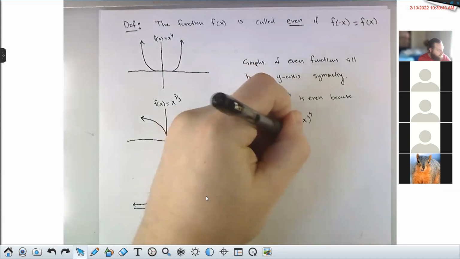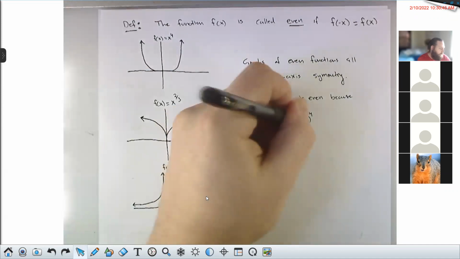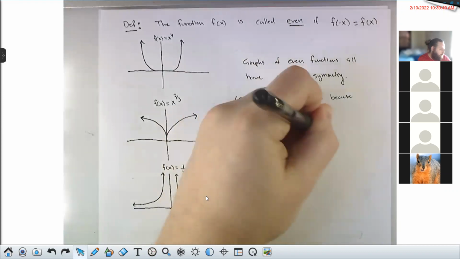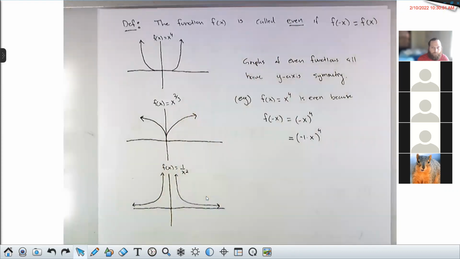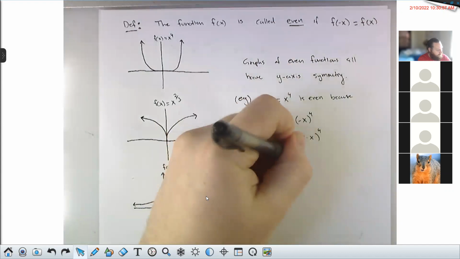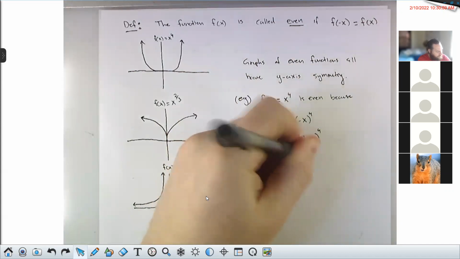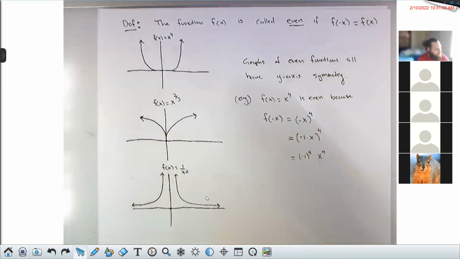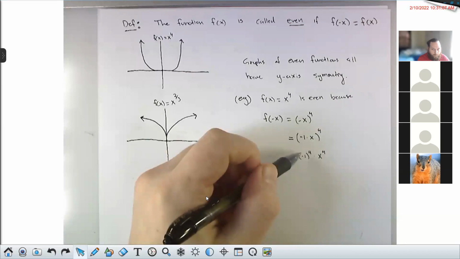And here's one way to do that. Negative x is -1 times x. So what I'm doing is raising all of that to the 4. And then from our very first property of exponents, this is the same as (-1) to the 4 times x to the 4. And when you write a negative raised to a power, again, very important, you put it in parentheses.